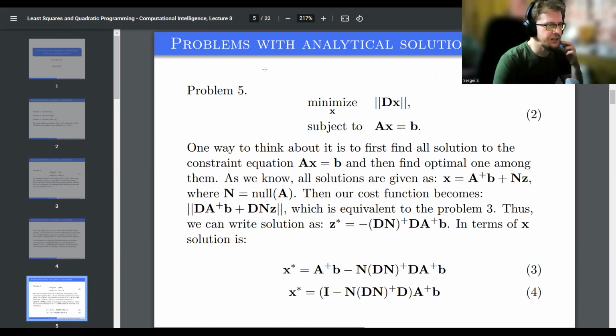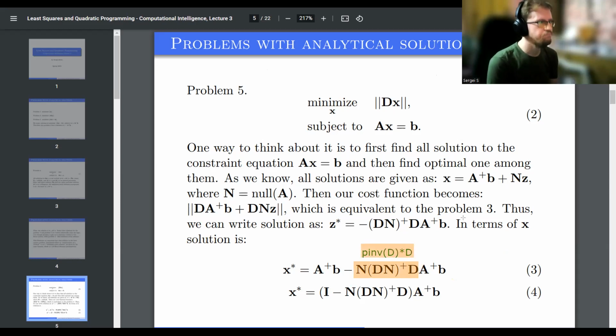If the null space is identity, then what we have here becomes pinv of D times D. This is what we get here. So this becomes this. And what is this, pinv of D times D? Well, this is a row space projector.